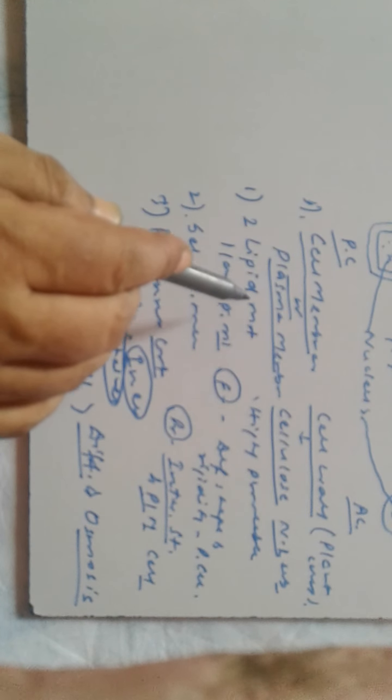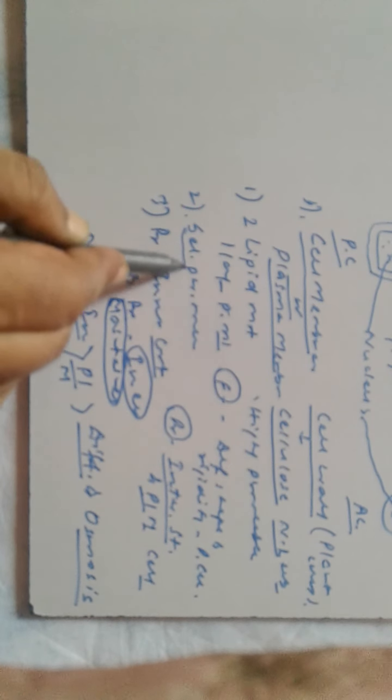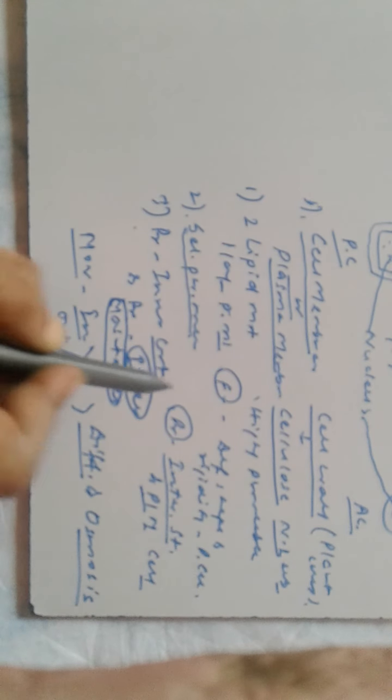So plasma membrane or cell membrane is composed of two lipid layers and one layer of protein molecules. It is a selectively permeable membrane, that means it allows only a few substances to come in and out of the cell, and it protects the inner contents and maintains the proper internal environment inside the cell.